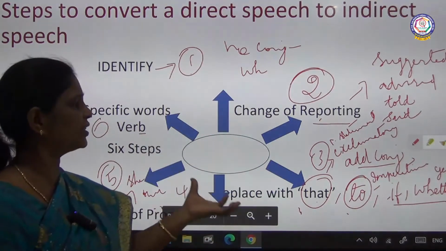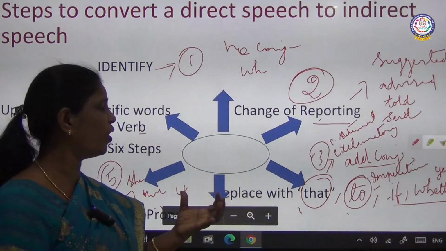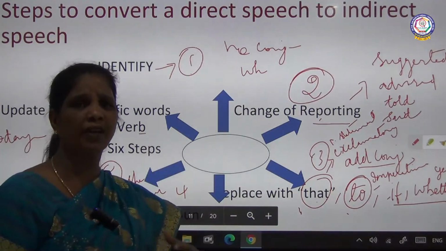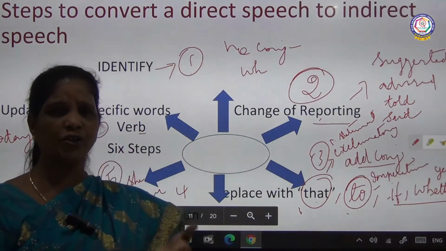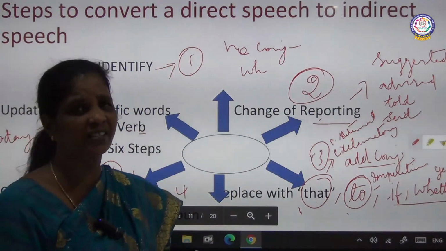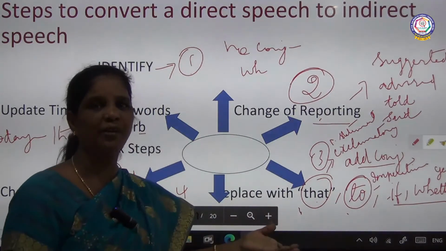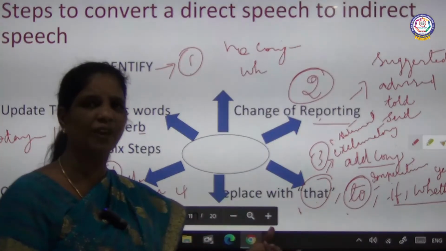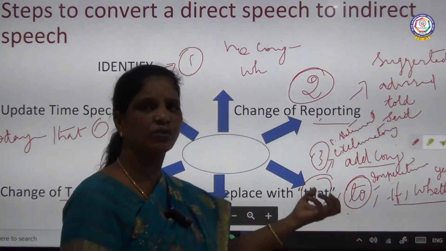Same way, exclamatory and assertive sentences are also very fond of the conjunction "that". So you will be liking apple or orange or some fruit or some chocolates and nuts, something. Like that, they are favorites of the conjunction "that". So statement and exclamatory sentences are very fond of "that".